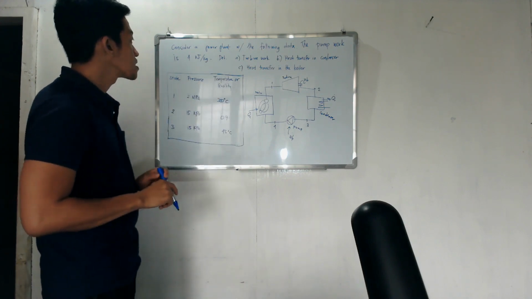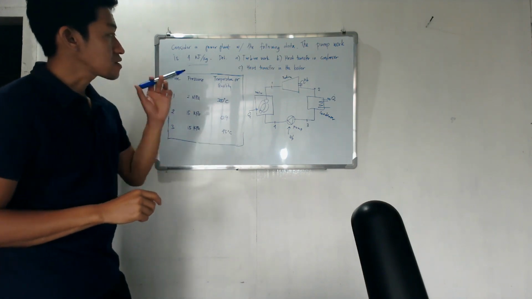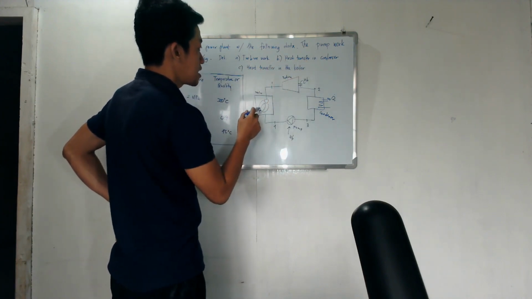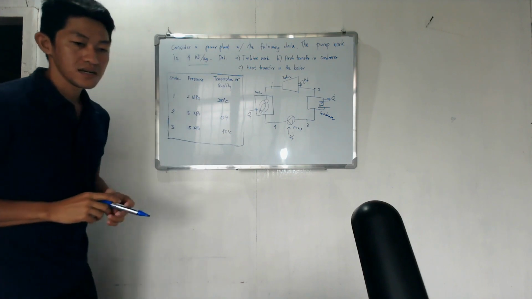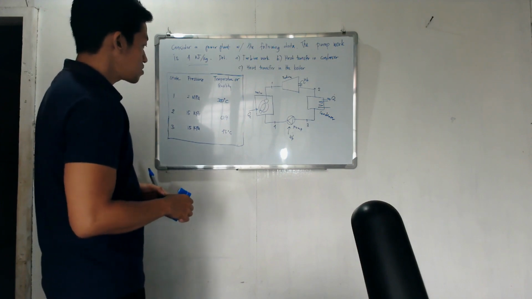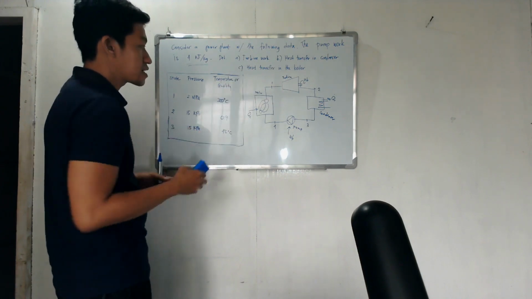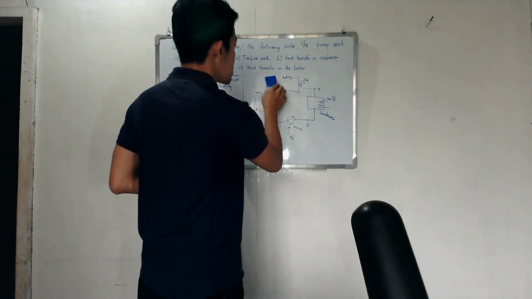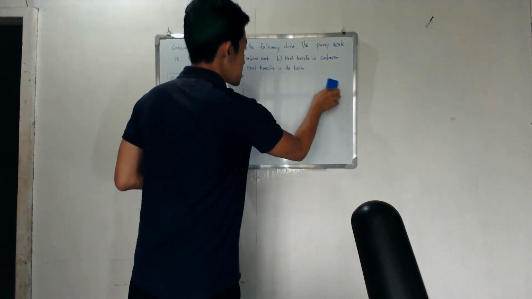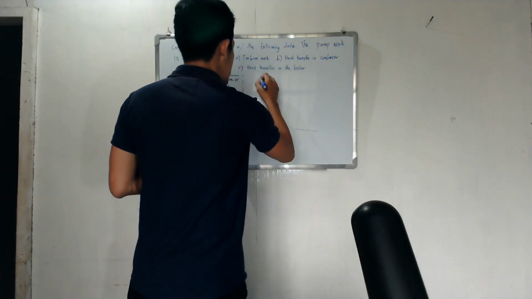So that's it. Now the problem is you have a power plant and these are the data, and the pump work is 4 kilojoule per kilogram. Now you are asked to determine the turbine work, the heat transfer in the condenser, and the heat transfer in the boiler. The first thing to do is to draw the system. You can use a PV diagram or a TV diagram; we will use the TV diagram.